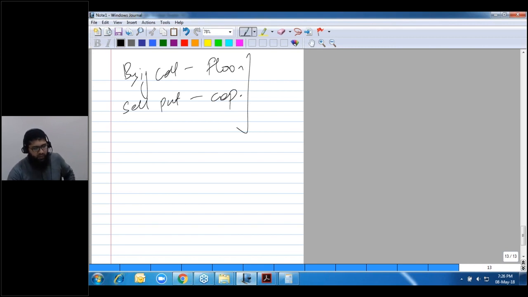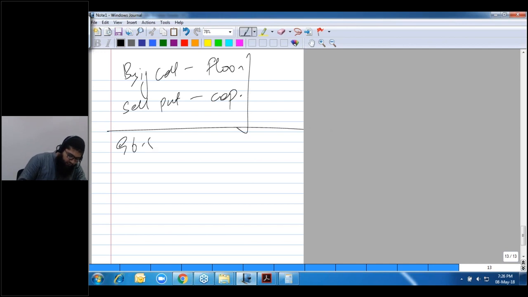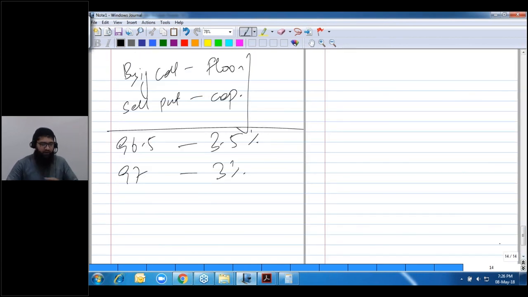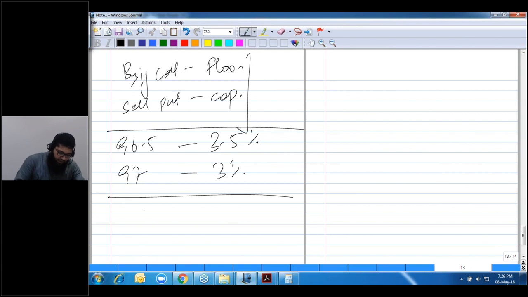The strike prices that are available to us are 96.5 and 97. 96.5 is 3.5%, and 97 is 3%. Now you need to understand the various combinations that we can create.